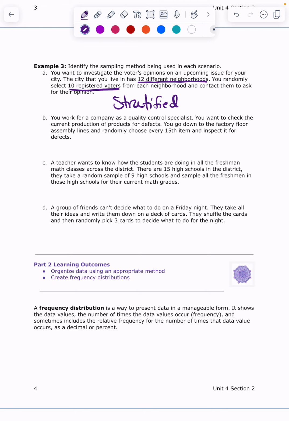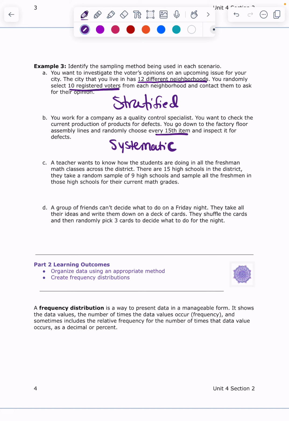Part B, you work for a company as a quality control specialist. You want to check the current production of products for defects. You go down to the factory floor assembly lines and randomly choose every 15th item. So that is screaming systematic. Pretty straightforward there.